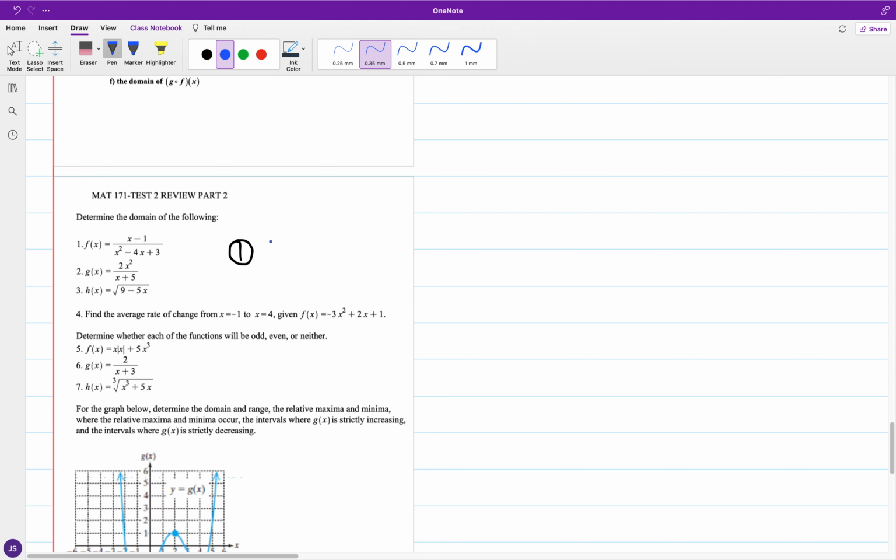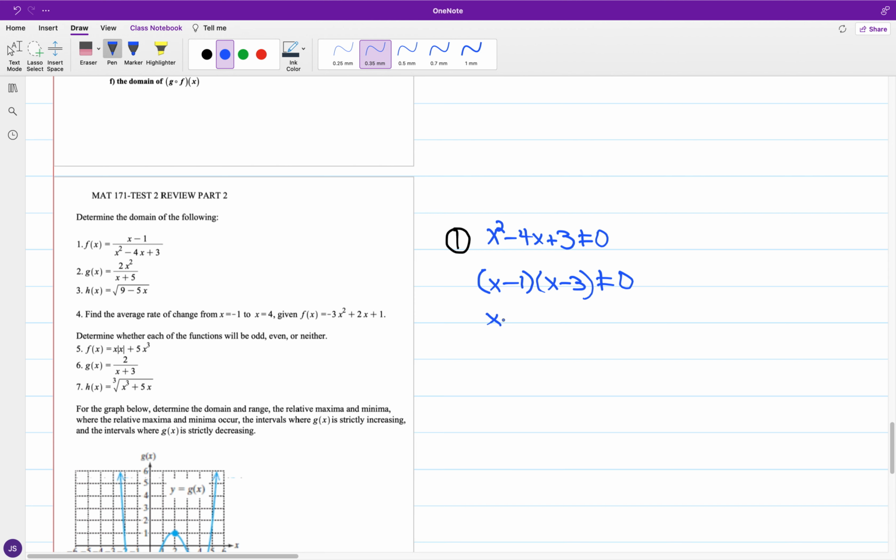So we got x squared minus 4x plus 3 cannot equal 0. Looking for the domain, looking at factoring, I'm going to have the quantity of x minus 1 times that of x minus 3 cannot equal 0.